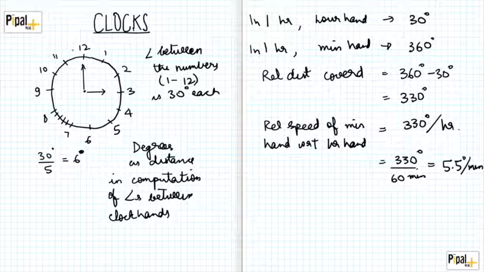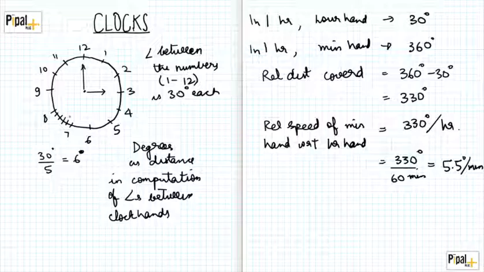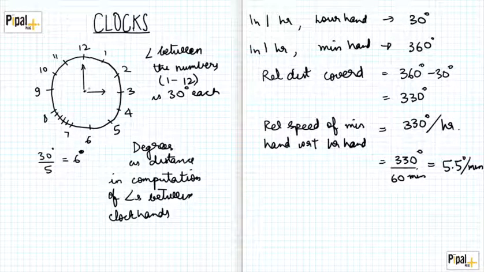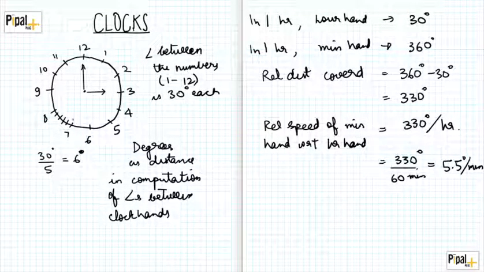So basically in 1 minute, the minute hand moves from this marking to this marking, which is 6 degrees, but the hour hand will have moved only half a degree in this direction, right? So the difference is 5.5 degrees in 1 minute, 330 degrees in 1 hour, and so on, right? So we are going to use this idea.